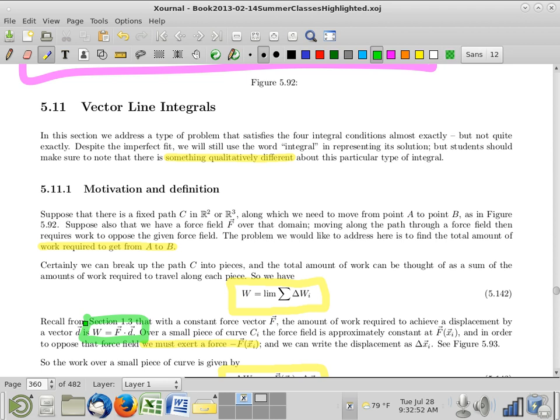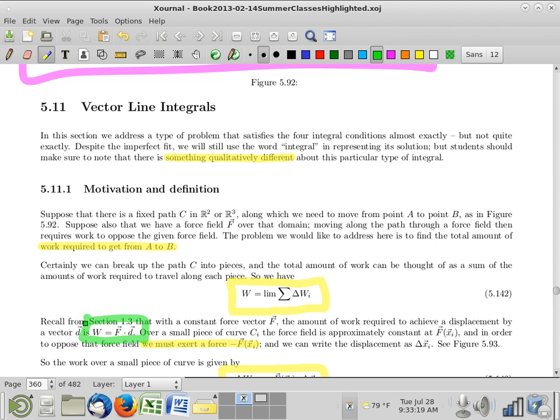That old high school formula didn't account for angles and components and stuff. So this is the more sophisticated version, keeping in mind that force is not a scalar, force is a vector. Displacement's not just a scalar distance, it's also a direction. And the dot product here keeps track of how those directions relate to each other. So this is the more sophisticated replacement: work equals force dot displacement.